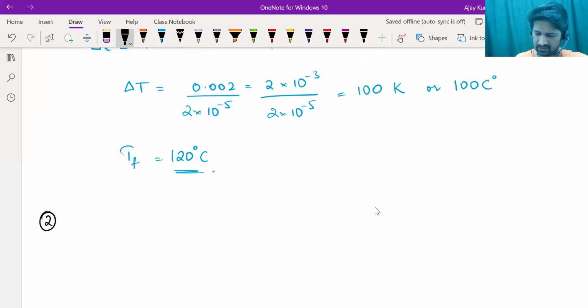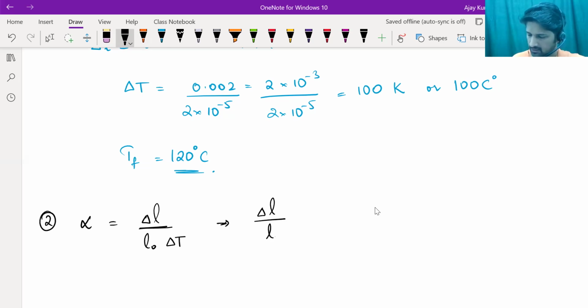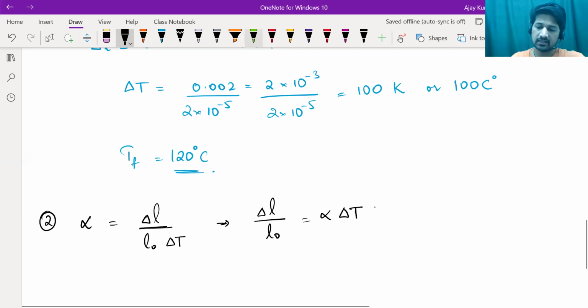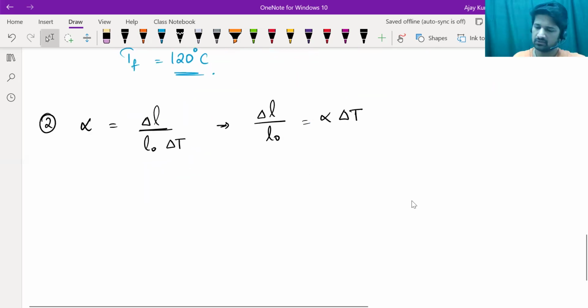Now, we just saw that alpha is delta L divided by L naught delta T. Right. So, you can say that delta L by L naught is alpha delta T. What is delta L by L naught? Change in length by original length, which is basically relative change. So they may ask questions based on this also directly.